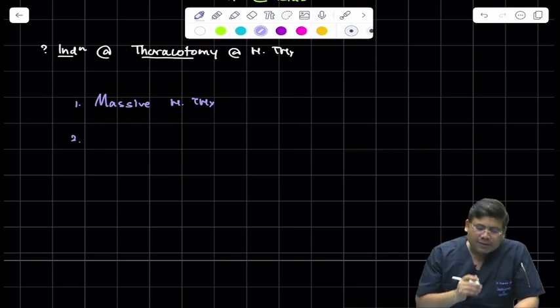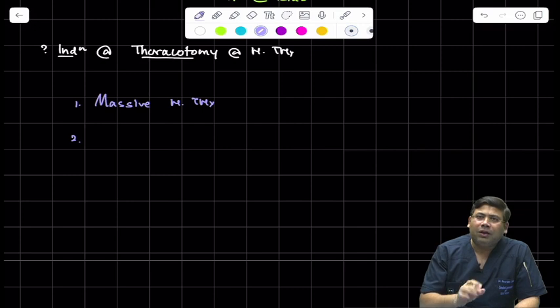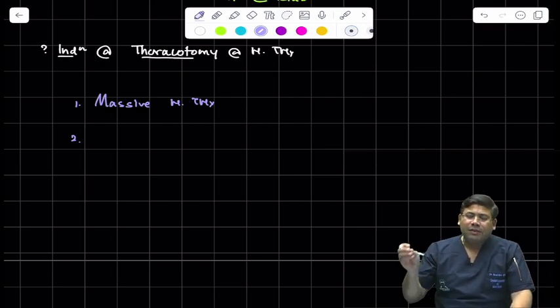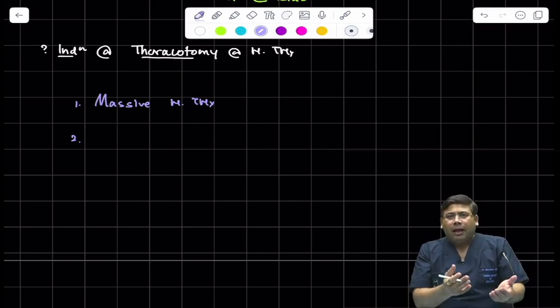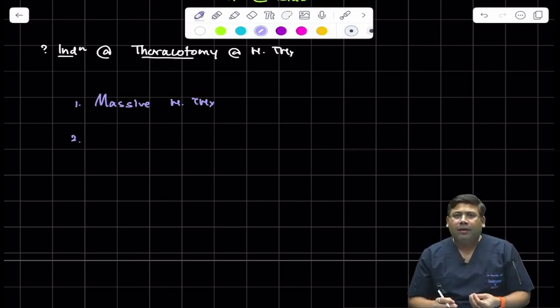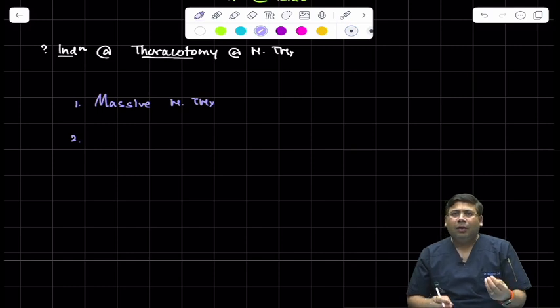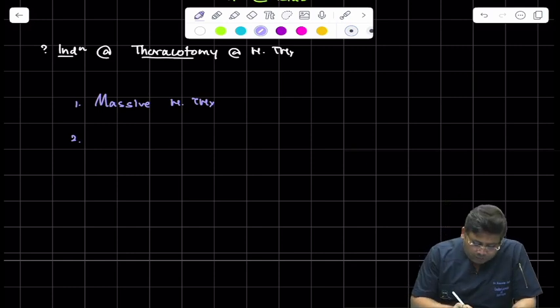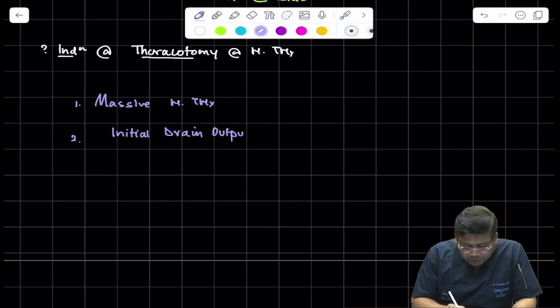The second is, it may be that you have inserted a drain into the thorax, and the volume which comes out is of paramount importance. The volume that comes out is what is known as the initial chest drain output. So remember, initial drain output more than 1000 ml in case of penetrating injury.